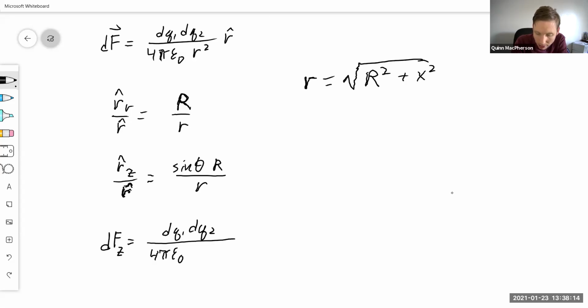Oh, and we want the z component of dF. So 4 pi epsilon naught, R squared plus x squared. So that gives us r squared. So that's this r squared here. And then the r hat that points in the z direction is sine theta R over r. But r is the square root of R squared plus x squared.